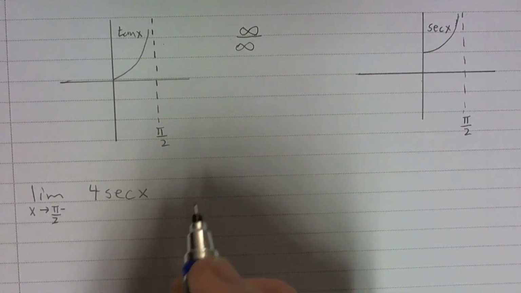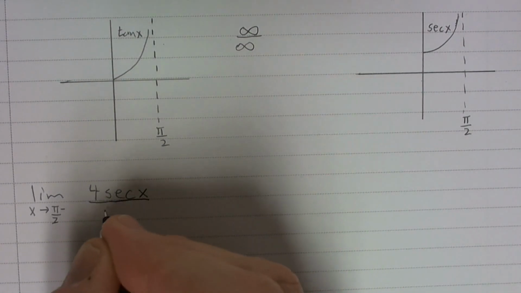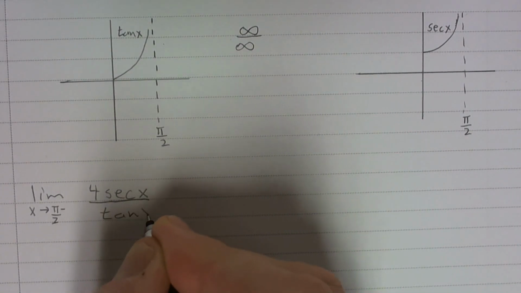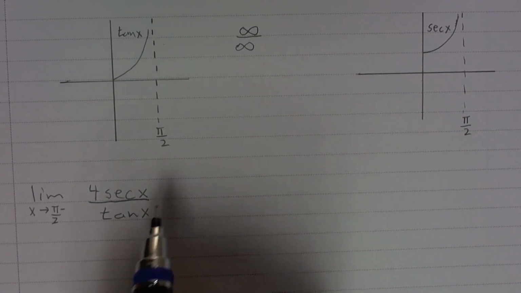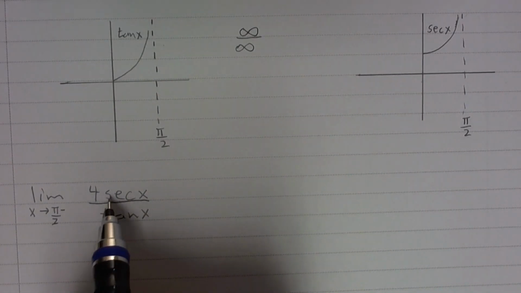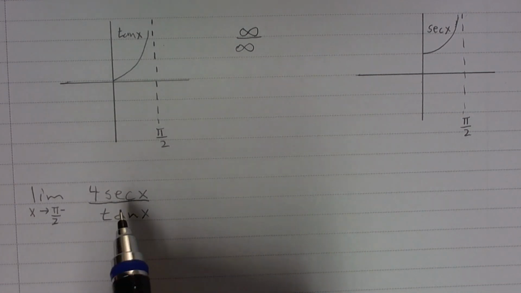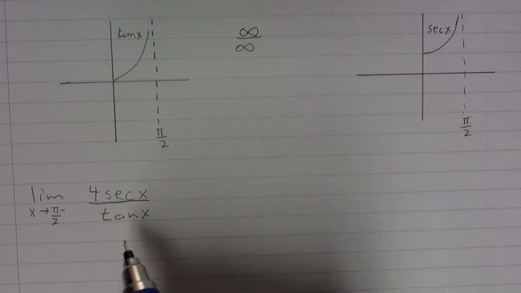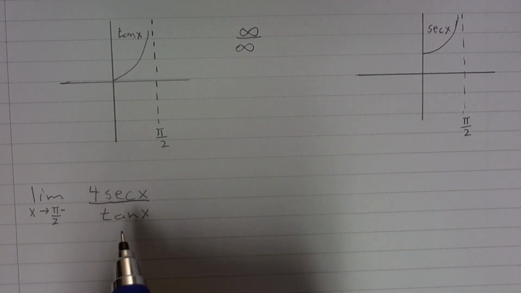So I've just got secant x up top, and down on the bottom, I've got tan x. Now, we're still not ready to evaluate the limit, because notice we've still got infinity over infinity. Before we plunge in and start trying to differentiate again and use L'Hopital's rule again, we want to see if we can simplify this.